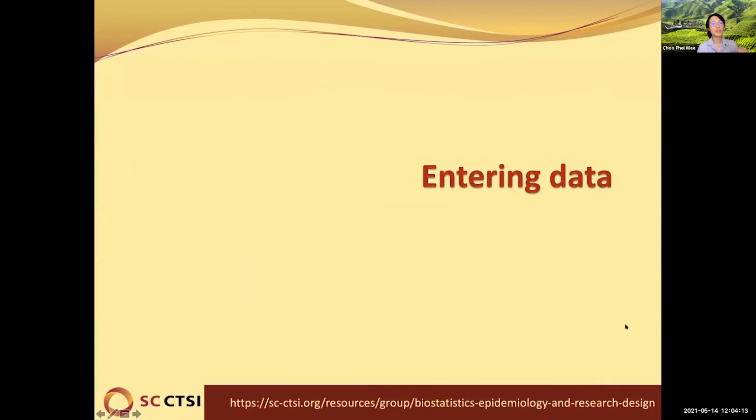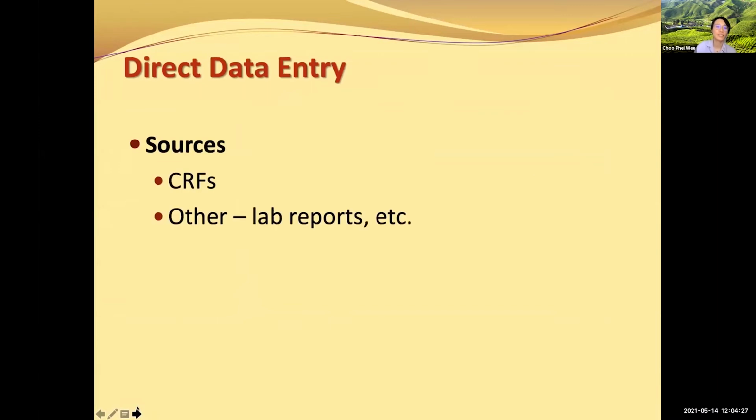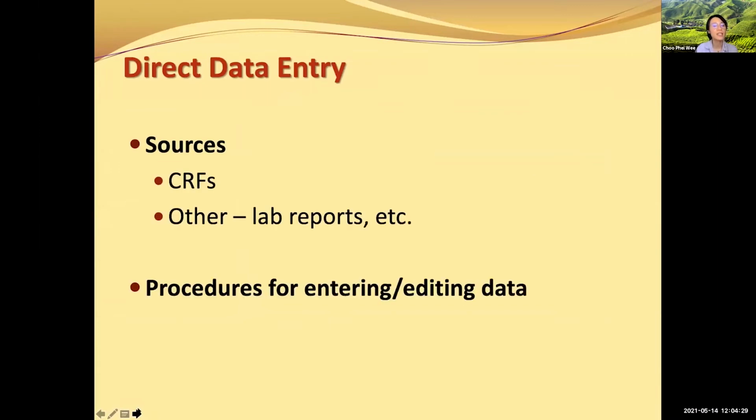Once you have already set up a database and created forms and surveys, of course, you want to be able to use this database by entering data. So for direct data entry, data entry sources generally come from case report forms and lab reports that you would like to enter and save in a database for your projects.